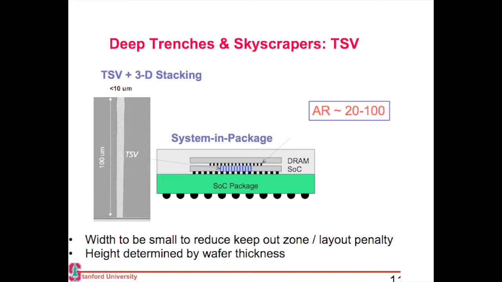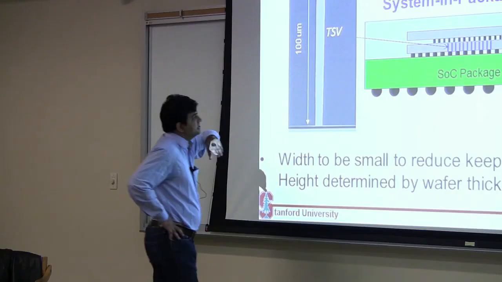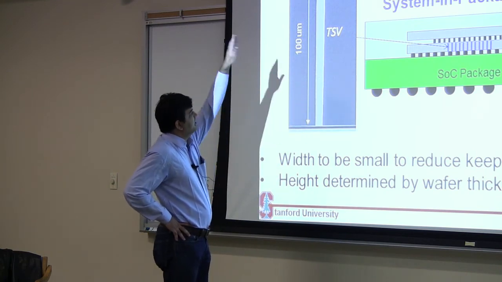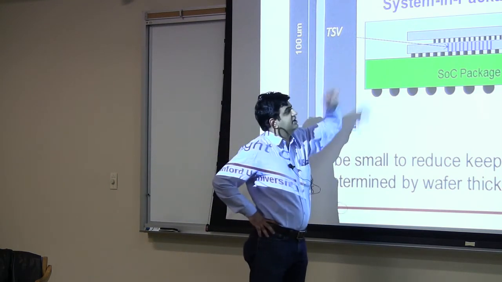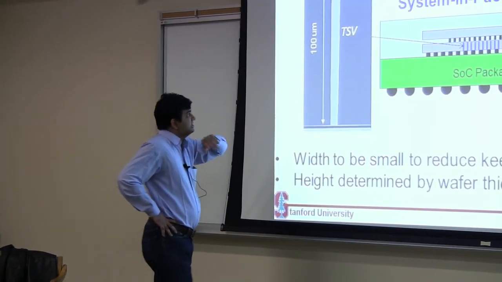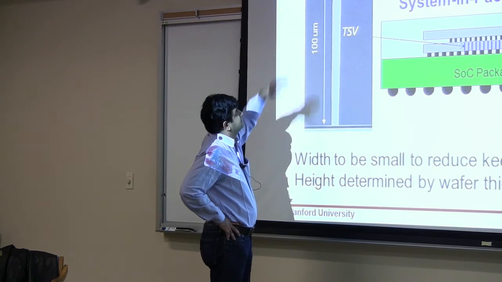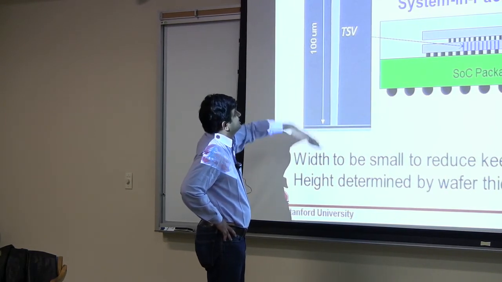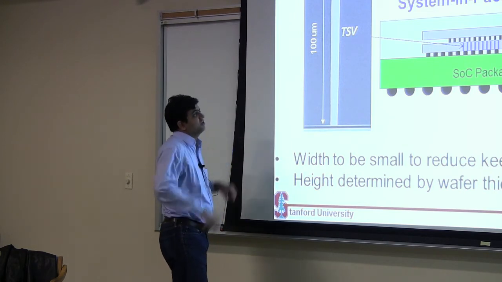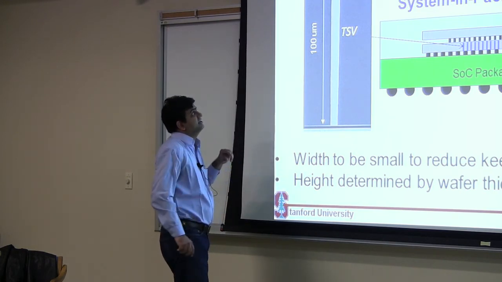So you dig these holes inside your silicon which allow for these electrical signals to pass through, and they're filled up with metal. It's called a through silicon via because it passes through that entire silicon. So the aspect ratio of these is essentially they have to be as deep as your silicon wafer. Your silicon wafer is at least 100 micron thick for keeping it mechanically stable.